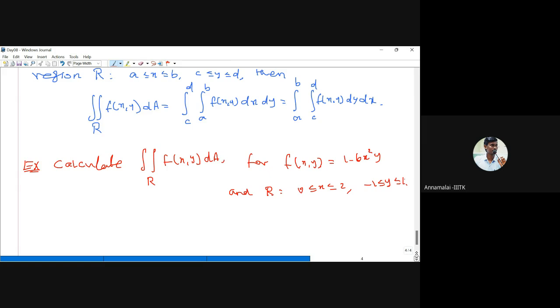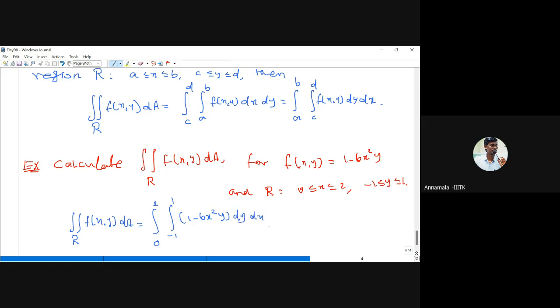Okay. So by Fubini's theorem, the double integral over R is nothing but, you can take anything first, suppose I take 0 to 2 and then minus 1 to 1, 1 minus 6x square y dy dx.